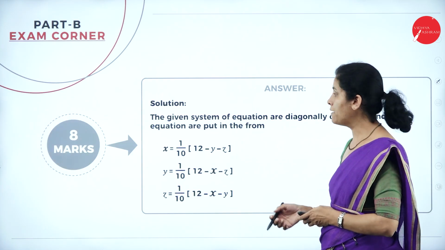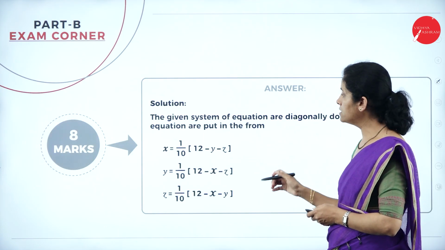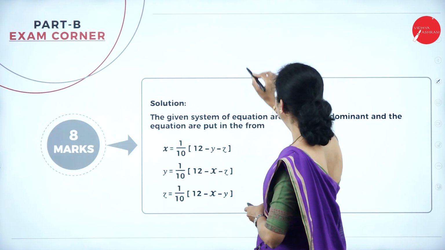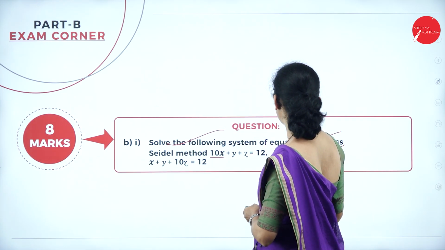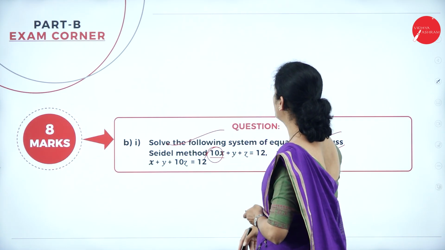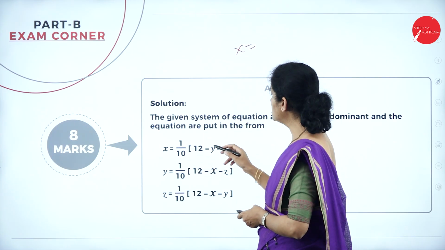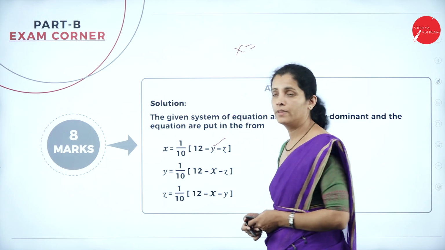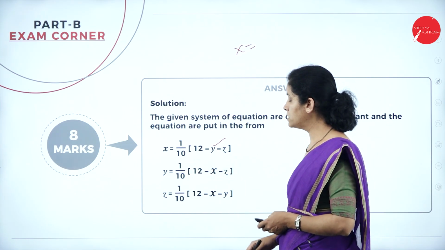Now, I have the Gauss-Seidel method. Okay, this is the formula. In the sense, x equal to whatever the value I have. So, x value. I'll take x outside. Okay, 1 by 10, 12 minus y minus z. And for y, okay, I'm taking y outside.